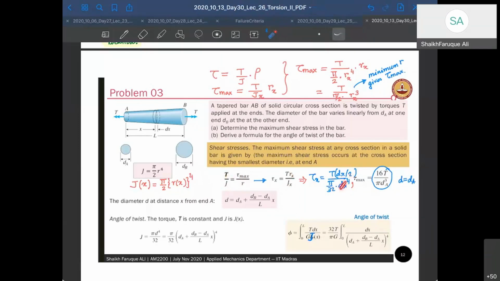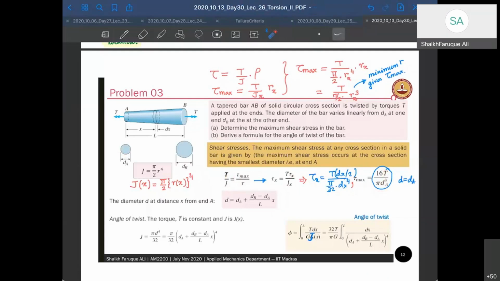So this dx will cancel, and it will come out to be T by D cube. Now it has to be minimum at this section because it's an inverse function of D cube, and therefore wherever D is minimum, stress is going to be maximum. So at A it's going to be maximum, so it's going to be 16T by pi D cube.